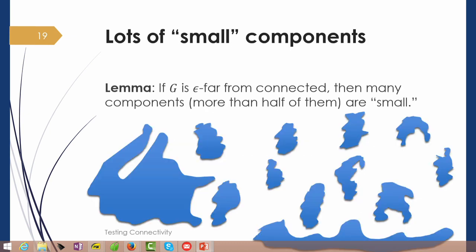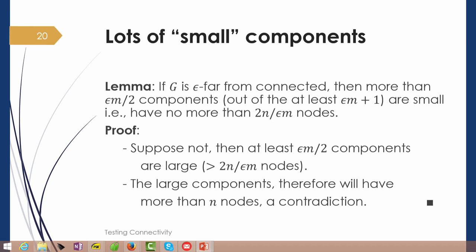Now that we know that a graph that is epsilon far from being connected has lots of components, we want to show that not only do we have lots of components, but moreover that we have lots of small components. Let's be a bit more precise with what we want. If G is epsilon far from connected, then more than epsilon m by 2 components are small.